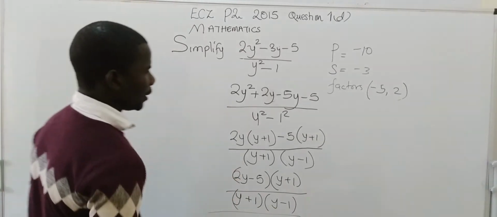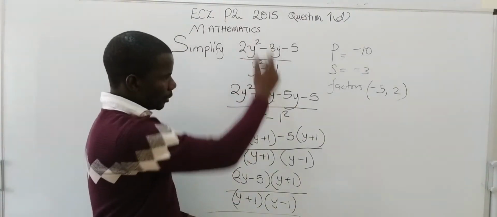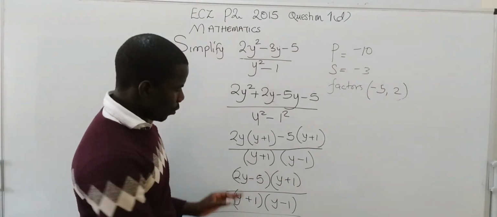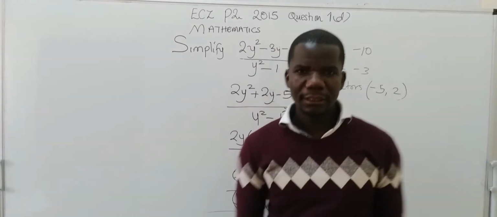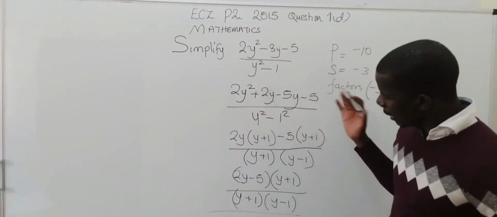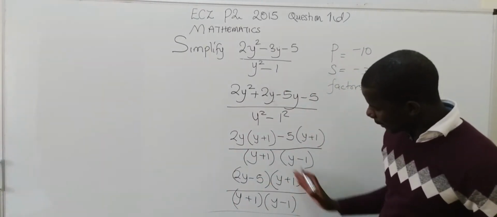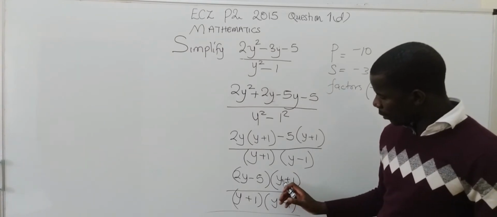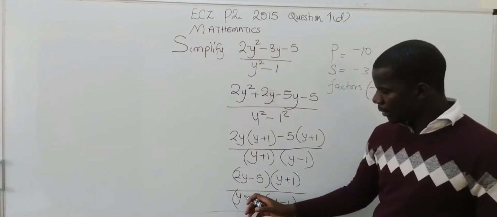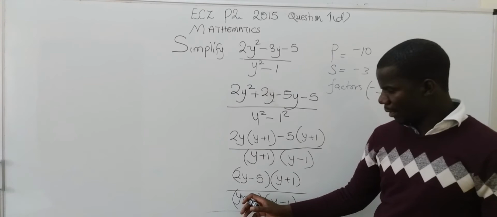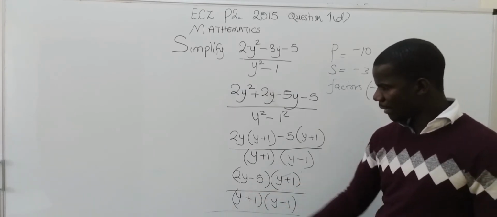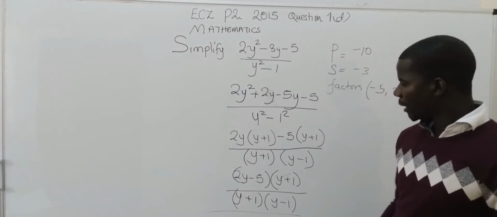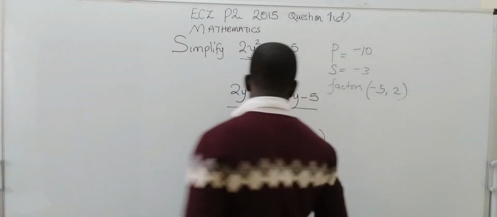When we get to this point, on the final part, we can check and see: do we have a common factor here? We discover that y plus 1 is also found here. So we can simplify this one. We can get rid of it to get the final answer.